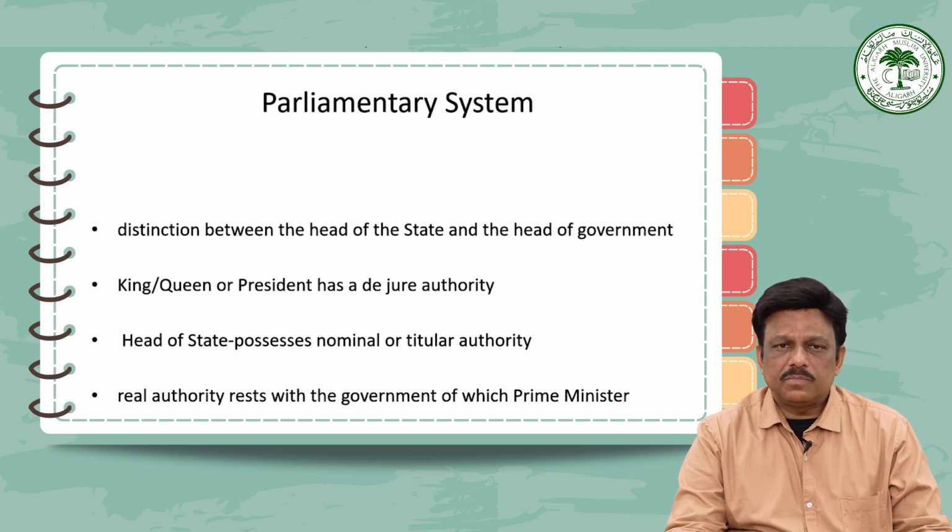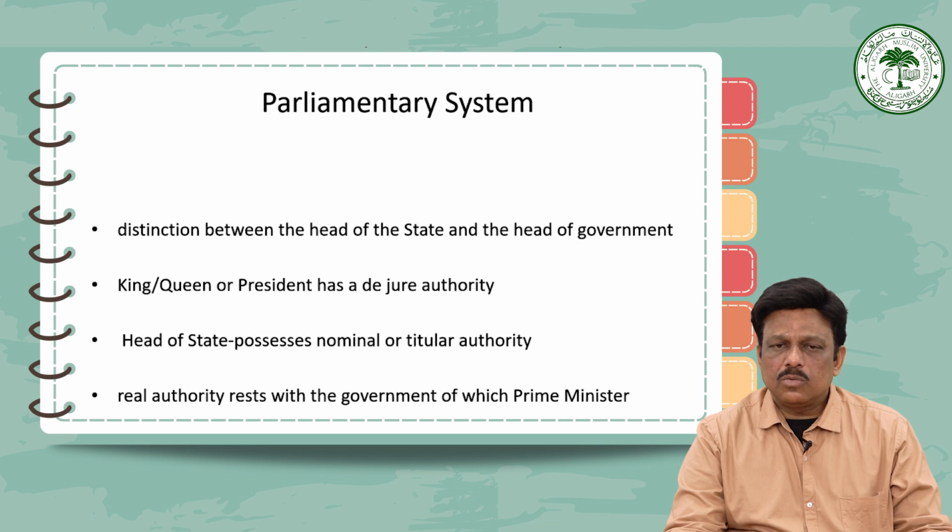In a parliamentary system, a clear distinction is made between the head of the state and the head of the government. Here, the head of the state, that is the king or queen in Britain or the president in India, possesses nominal or titular authority, whereas the real authority rests with the government of which the prime minister is the head.